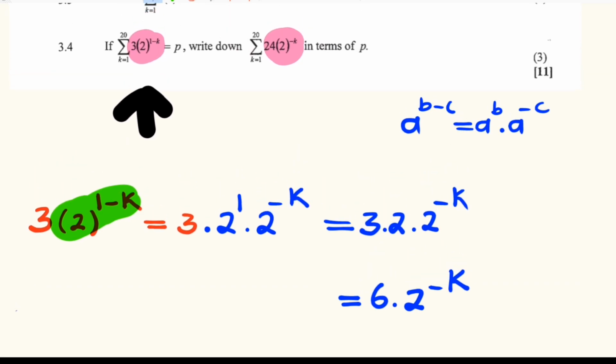So now we compare the two. So the other one is 24 multiplied by 2 raised to the power negative k.